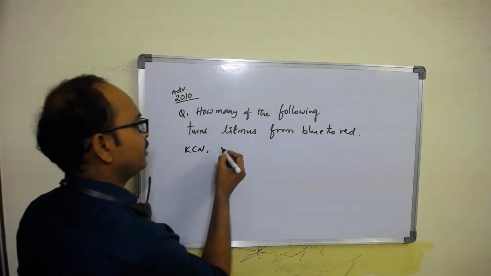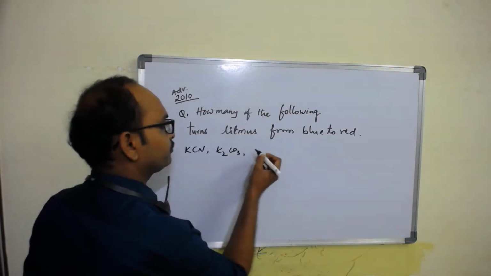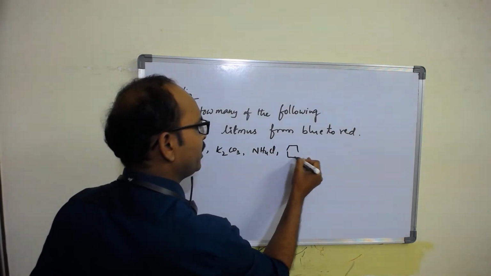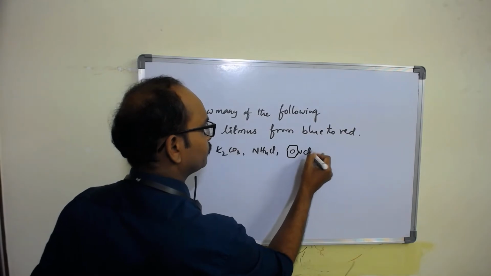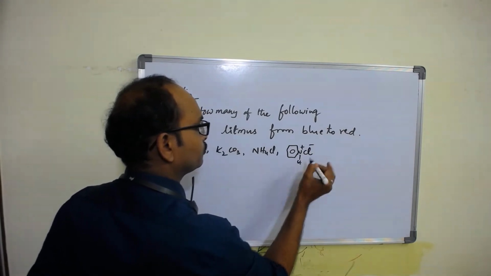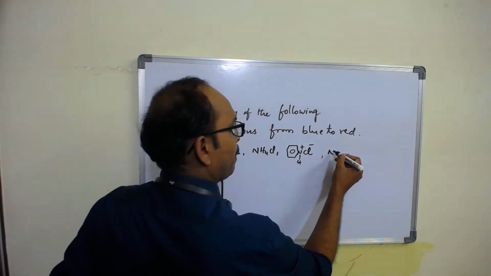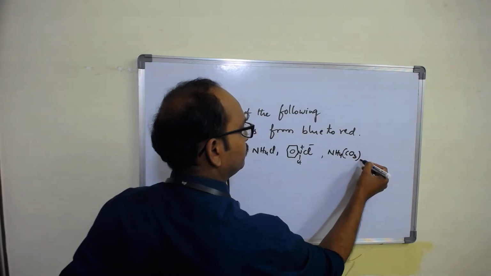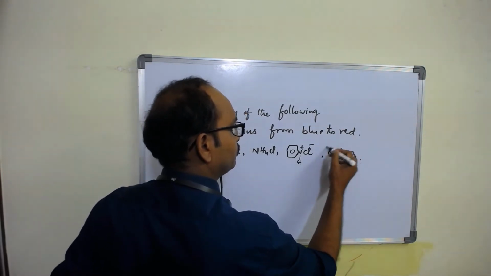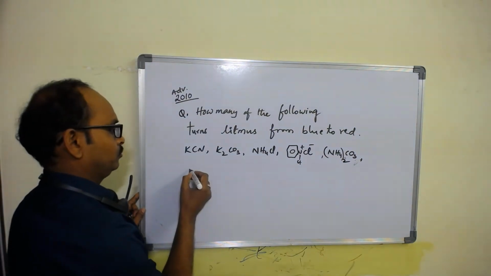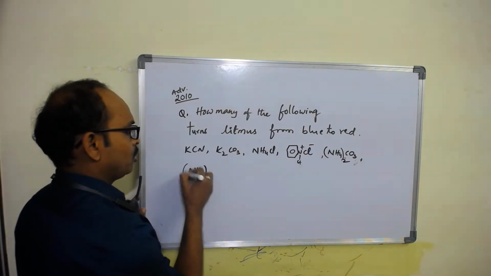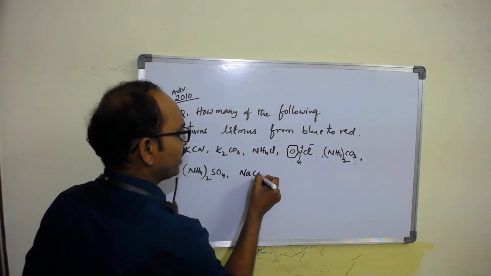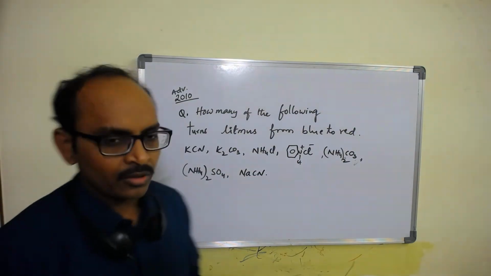Some I'm taking: KCN, K2CO3, NH4Cl, some pyridinium salt also, ammonium carbonate, ammonium sulfate, and sodium cyanide. Some are given like this. So this is the question.